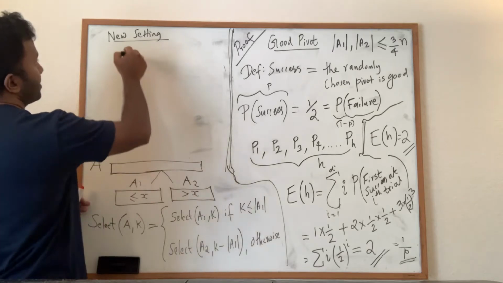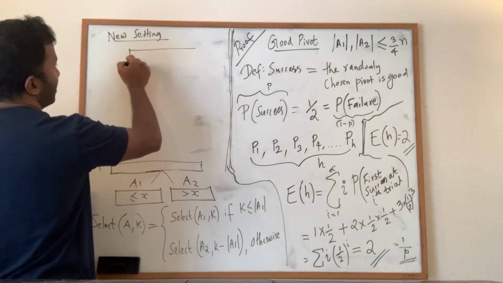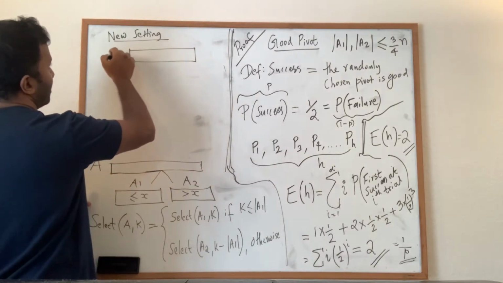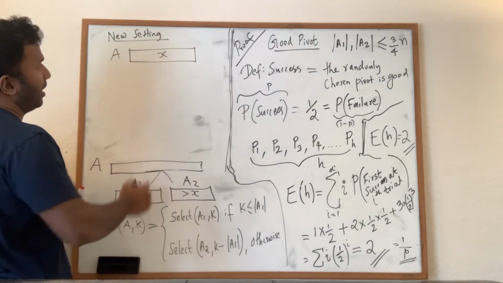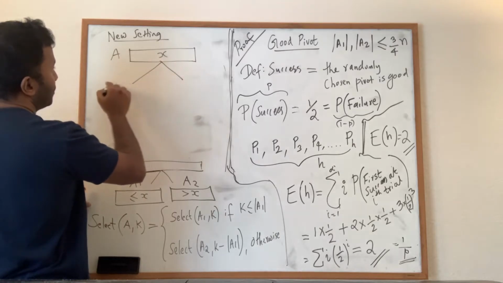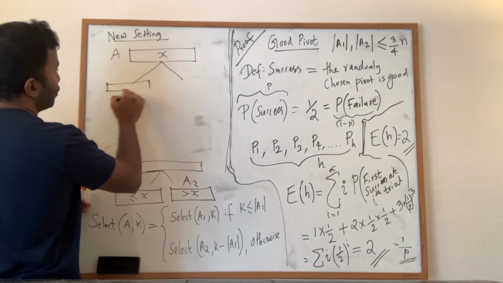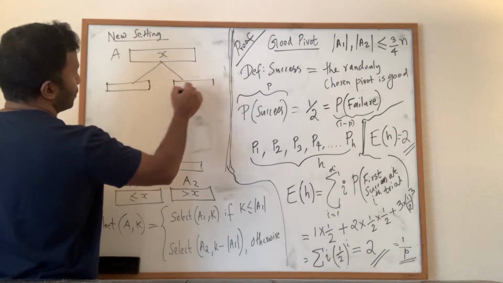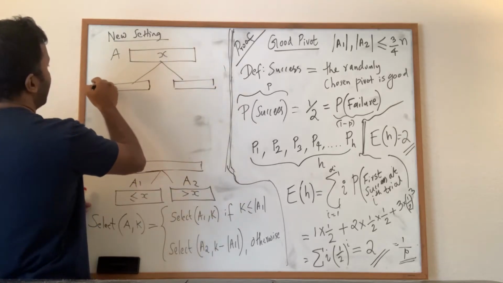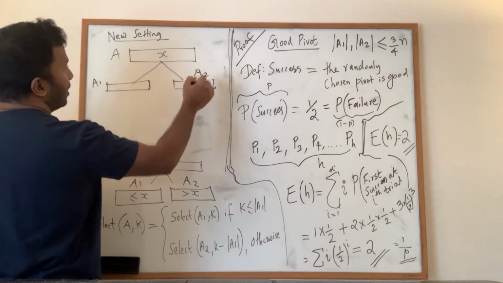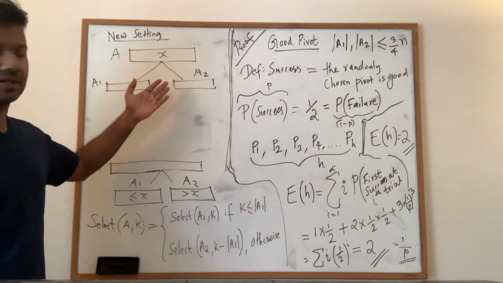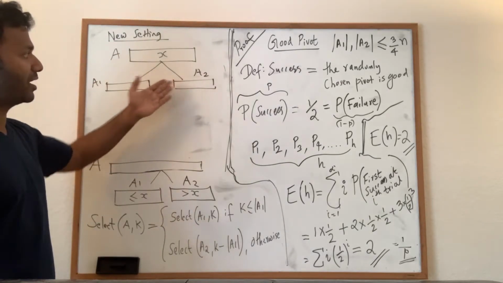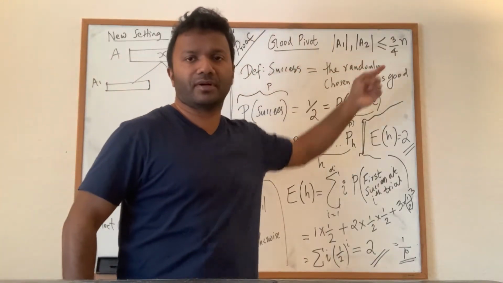The first step is I have this array and I will pick a pivot X randomly, and I will split the array A into two parts, A1 and A2, and what I will check is the following. Is this a good pivot? I will see if the sizes of A1 and A2 both are bounded by this number.